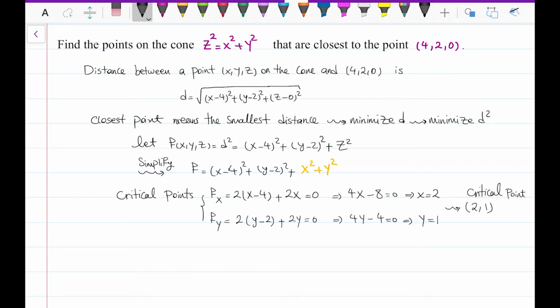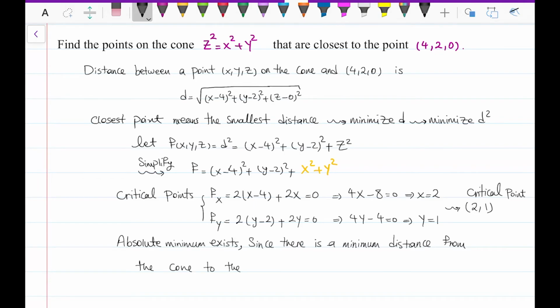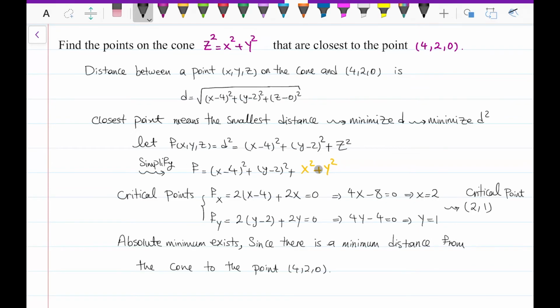Now, an absolute minimum of this function f exists, just because there is a minimum distance from the points on the cone to the given point (4, 2, 0). So based on this fact, the critical point that I found is the closest point that I was looking for. Let me put this point (2, 1) into the cone to figure out the third coordinate.